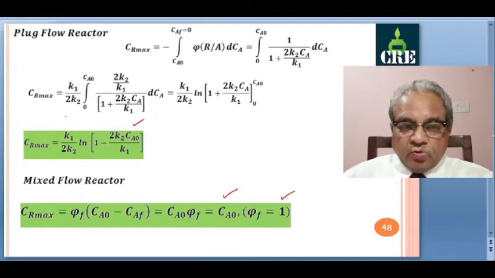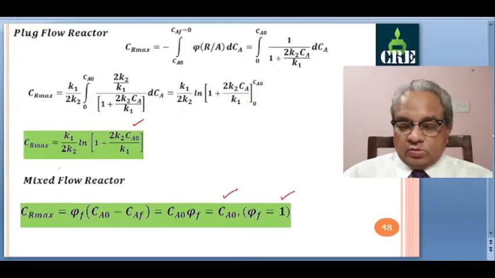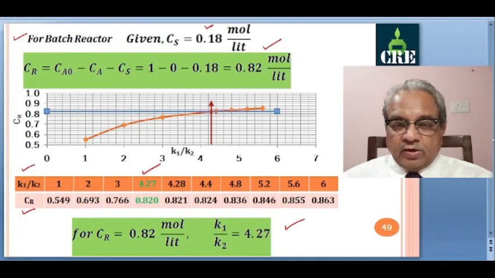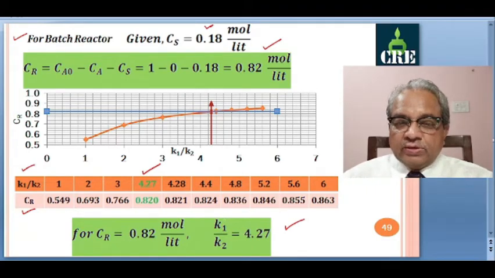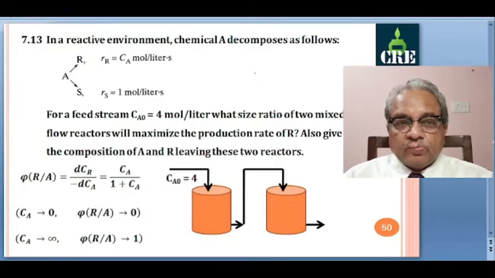For the plug flow reactor we know the relationships, so we can find it for the batch reactor, as we have seen. So about the kinetics, we can say that this ratio has to be maintained at 4.27 so as to obtain this maximum 0.82. Because Cs formed is known, this is fixed and is the maximum possible in this case.